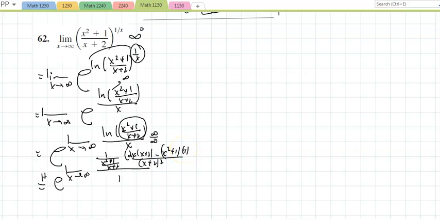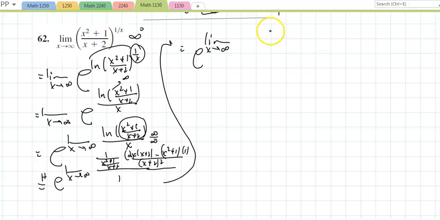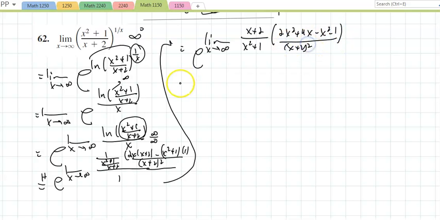That would be e to the limit as x approaches infinity of x plus 2 over x squared plus 1. And the top will be 2x squared plus 4x minus x squared minus 1 over x plus 2 squared.